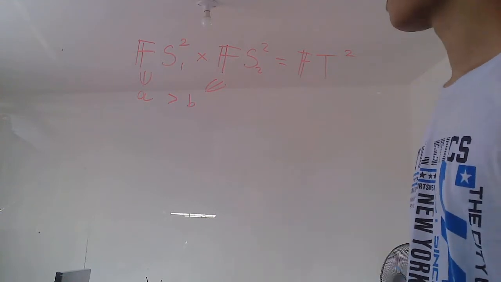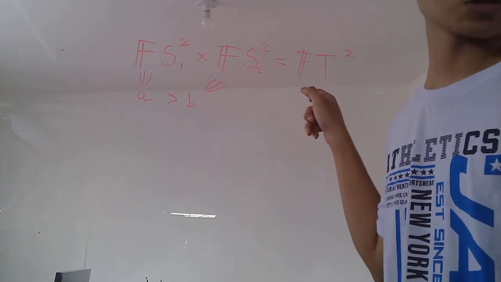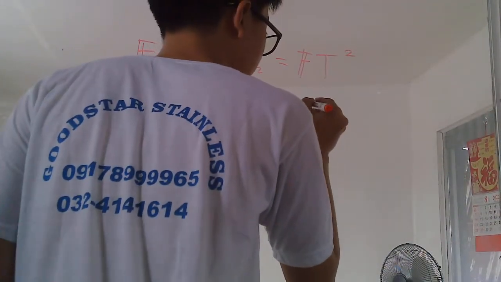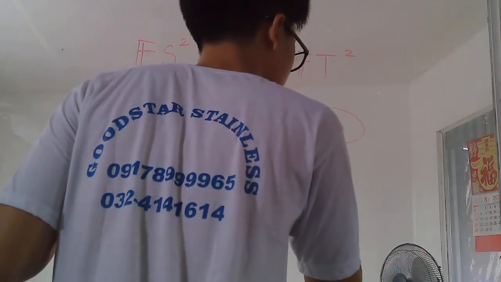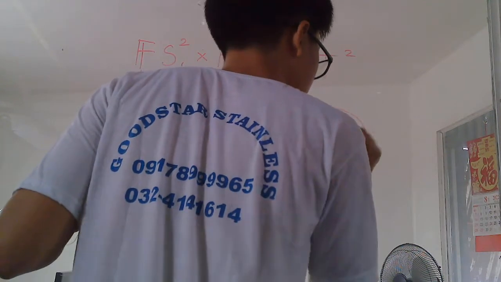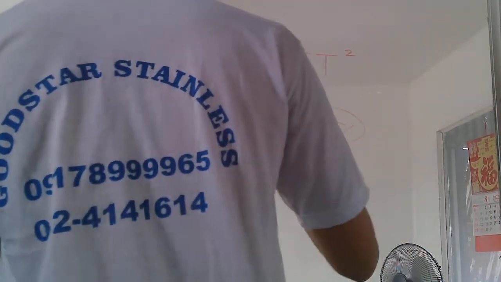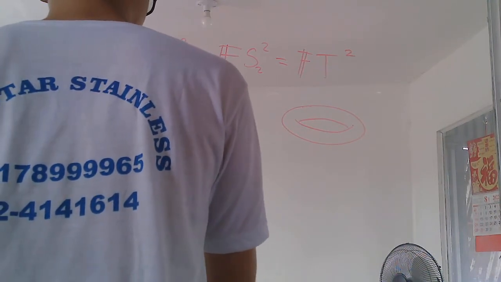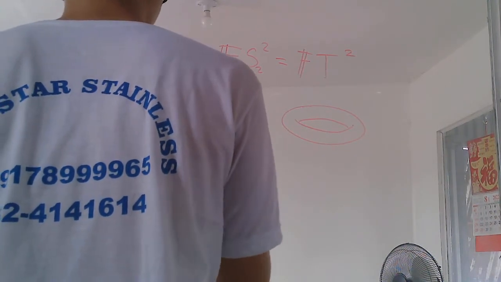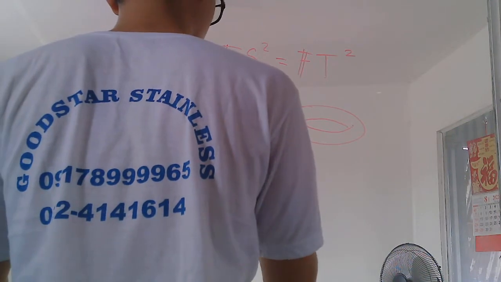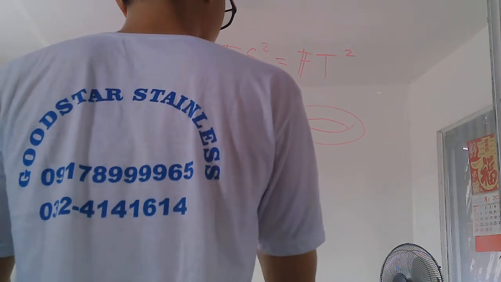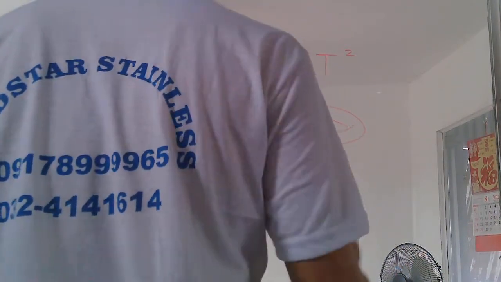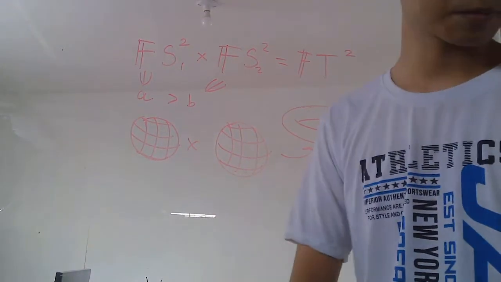So from there, we now have ourselves a solid torus, or donut. So we just take this solid sphere, or shell, and then take their product to obtain this here, which is our donut.